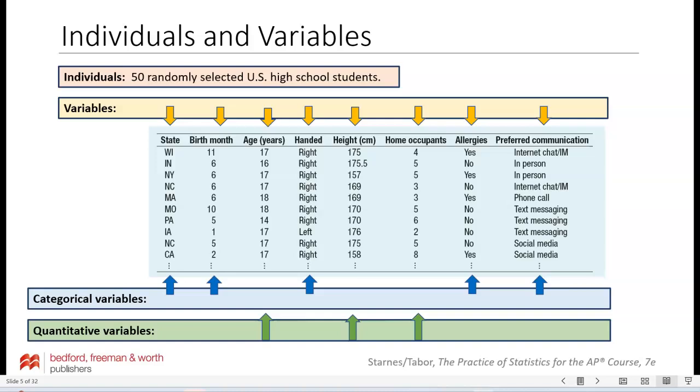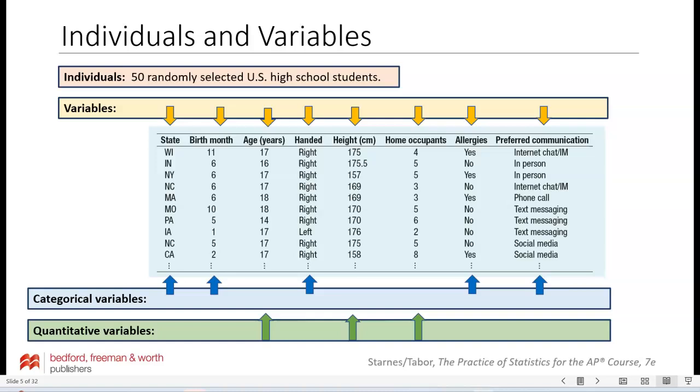So here you can see in this chart, the individuals are actually the 50 randomly selected U.S. high school students. The variables are all the data they took from them, all the different categories or quantities: the state they were born in, the birth month, the age, the handedness, the height, the home occupants, allergies, and the preferred communication.